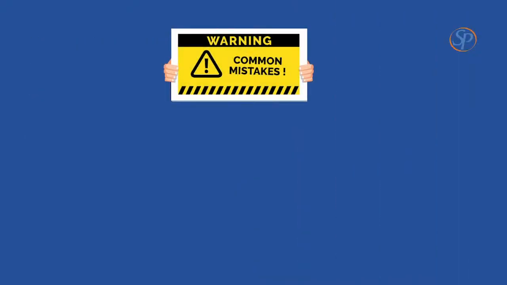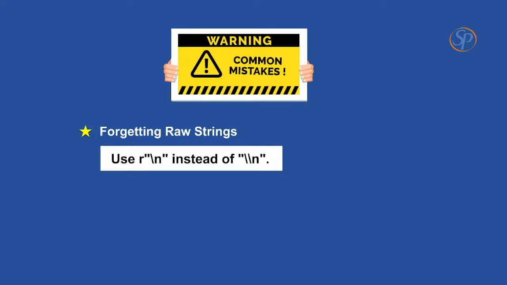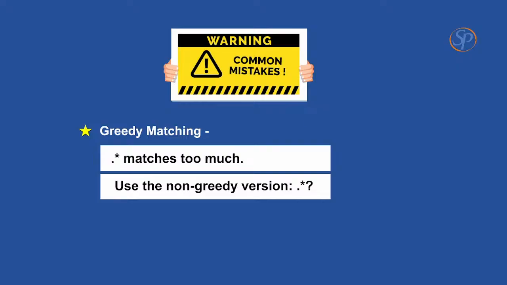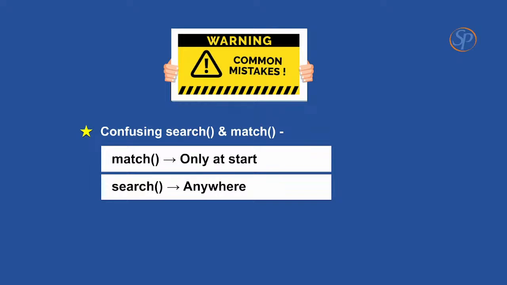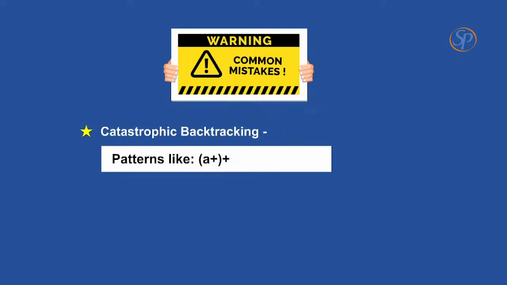Common errors that we face. Forgetting raw strings. Always use r'\n' instead of '\n'. Greedy matching. Dot star matches too much. Use non-greedy versions, dot star with a question mark. Confusing search with match. Match only at the start. Search anywhere. Catastrophic backtracking.